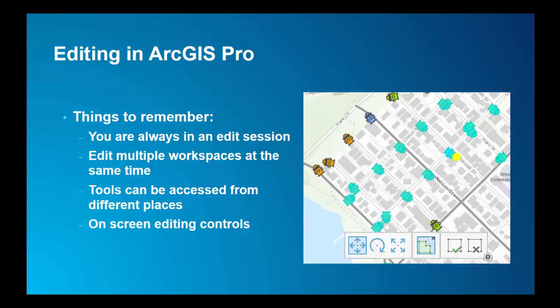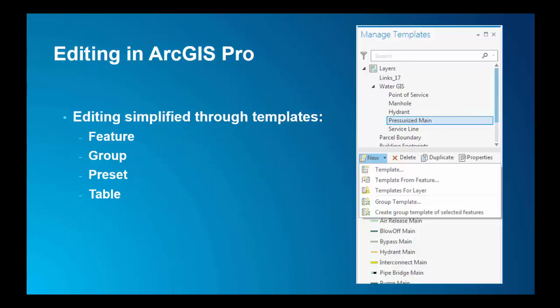And having this type of accessibility really does help speed up the editing process, so you don't have to constantly refer back to multiple toolbars, remember when you should be right-clicking, or remember a whole host of keyboard shortcuts. Just like in ArcMap, ArcGIS Pro relies on templates to create and edit features and their associated attributes.